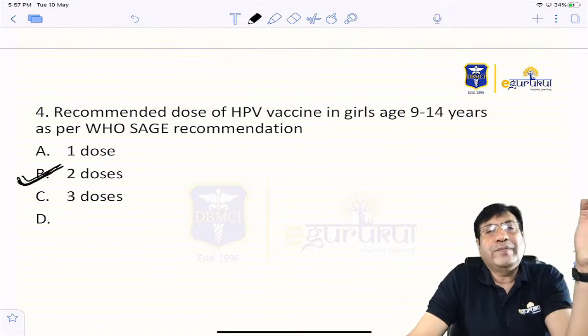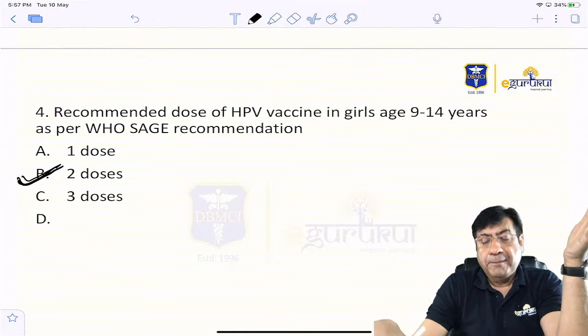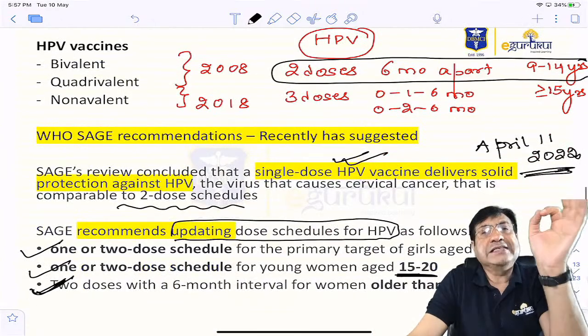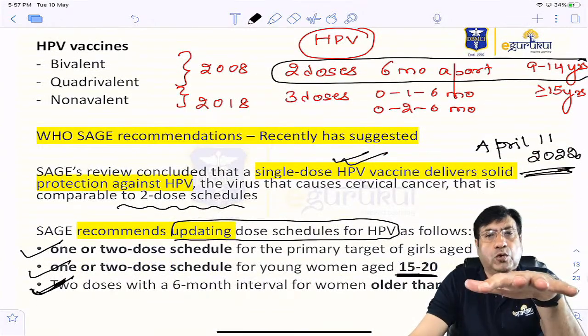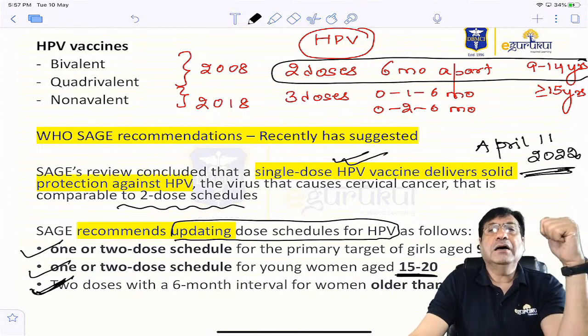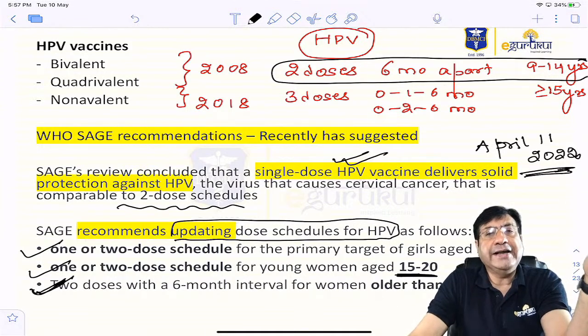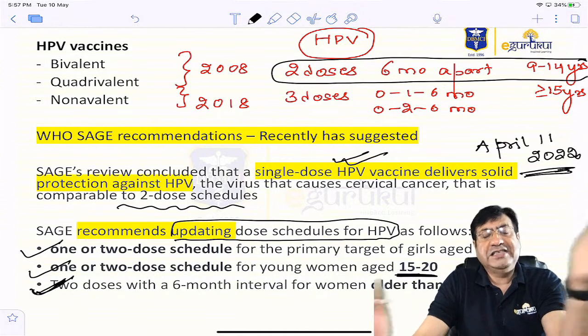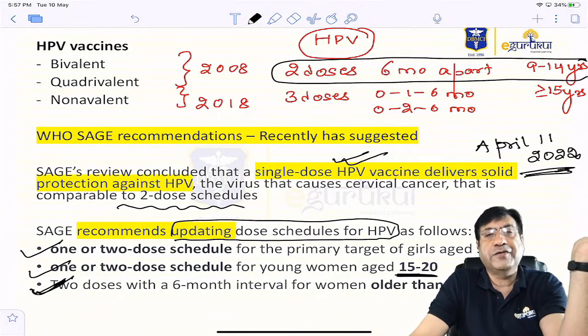Now, there have been students asking me, so 1 dose is also given. But please see here, they have nowhere said that a 1-dose schedule should replace a 2-dose schedule. And the schedule that we have been following till now is a 2-dose schedule only, 6 months apart between 9 to 14 years of age.